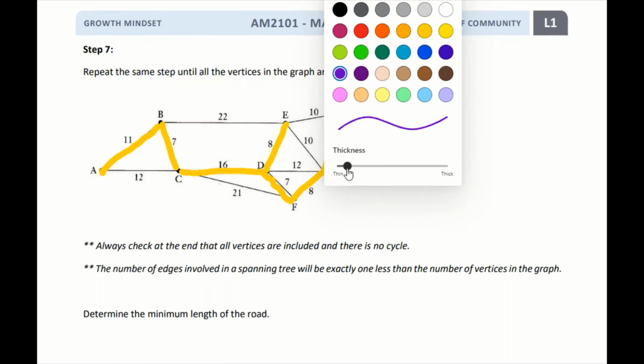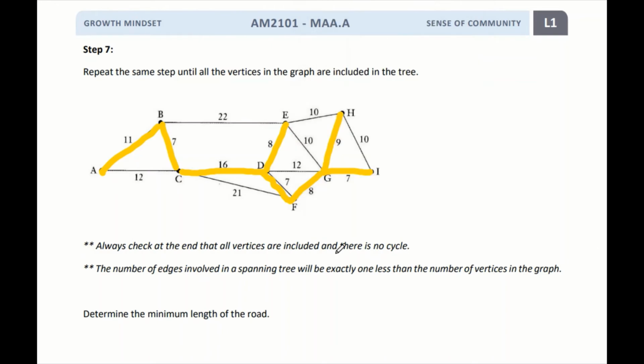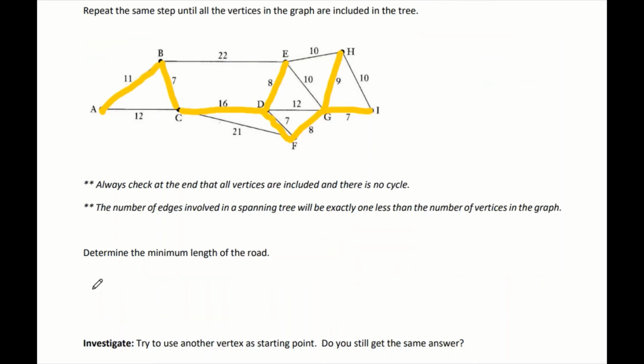And now we are going to find what is the minimum length of road that we need. So in this case, the minimum length will be equal to 11 plus 7 plus 16 plus 7 plus 8 plus 8 plus 9 plus 7.